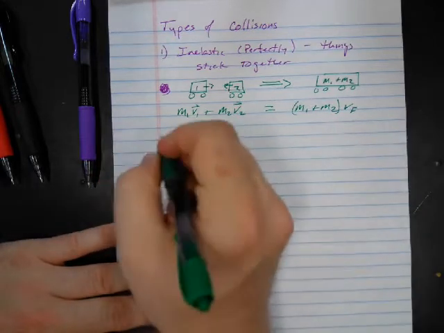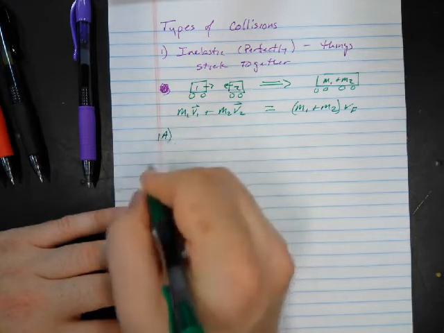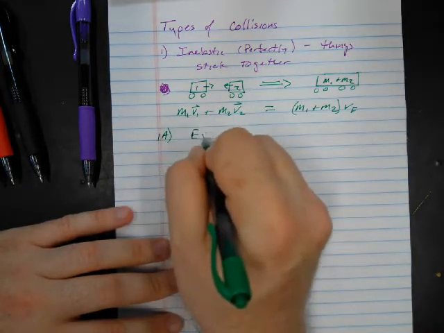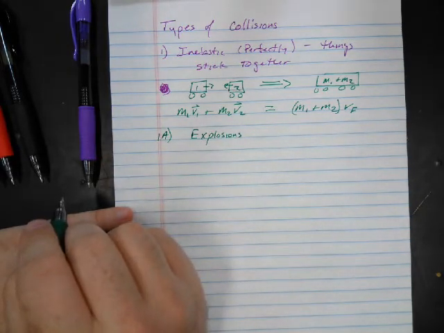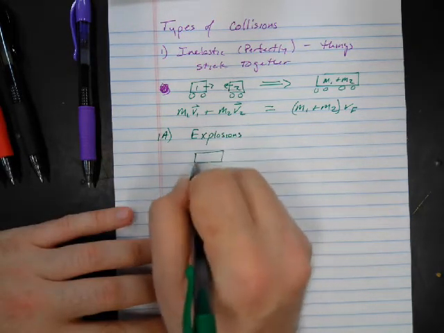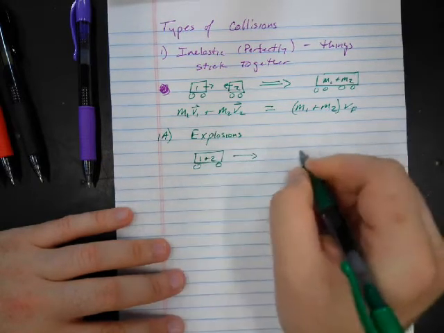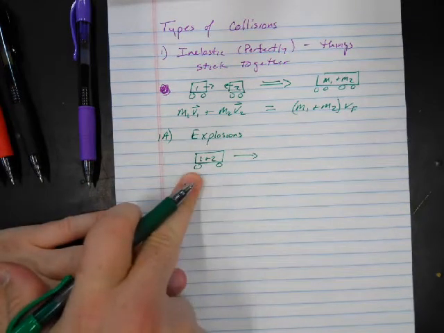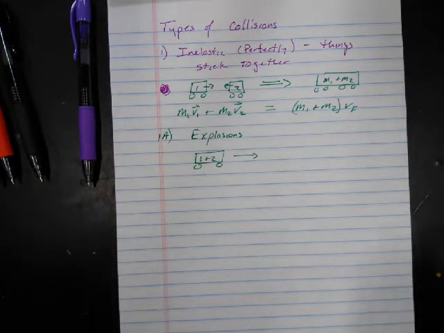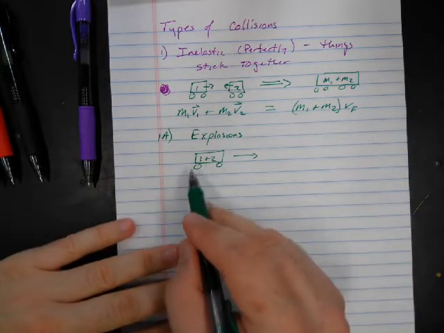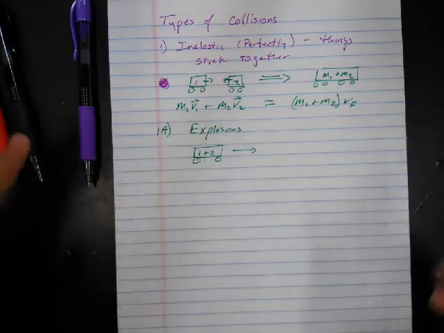Now there is an inverse of this, which I'll call 1A here instead of 1, instead of 2. Explosions. And the way explosions work, we start with an object, 1 plus 2, and it might be more. In an actual explosion, it's an object turning into a bunch of gas that expands. Here, this could be something breaking, or a spring between these carts and they fly apart.